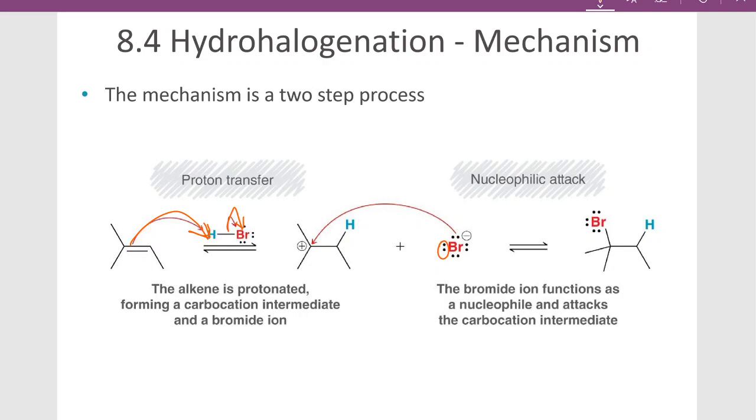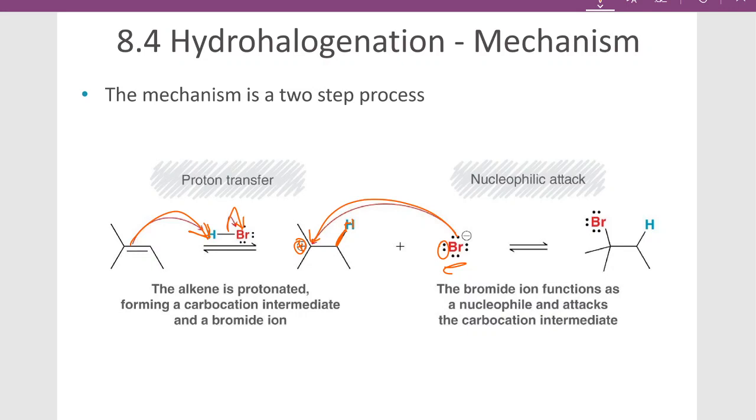We formed this carbocation where the hydrogen went to the less substituted side. Why did that happen? Because the carbocation is more stable on the more substituted side, remember? So the carbocation is going to go to the more stable spot. That's why the hydrogen goes to the less substituted side. Now this bromine that was kicked out is hanging around, and it can actually add to the carbocation because this is a nucleophilic species.